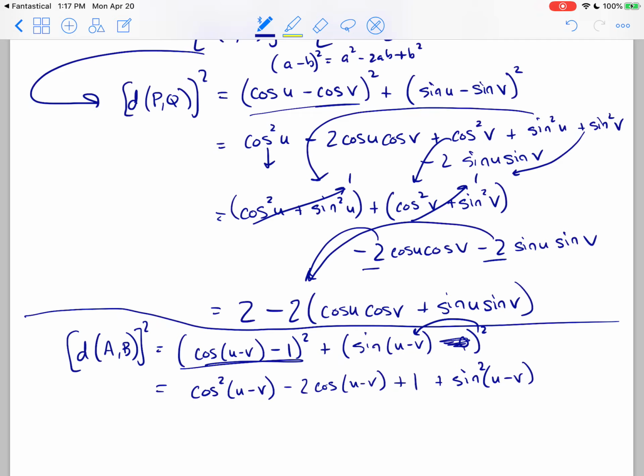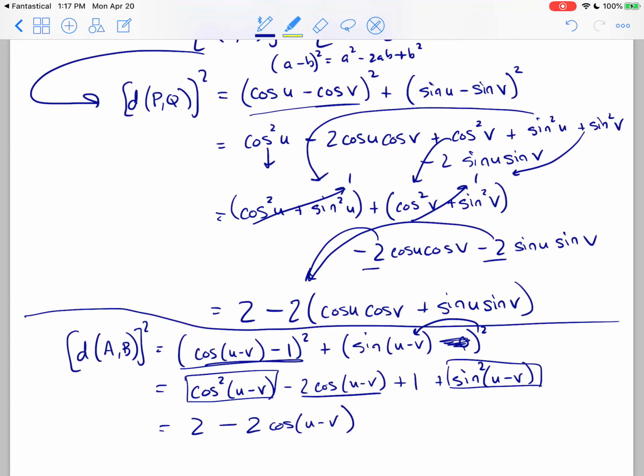And then again here we notice that we have a cosine squared of u minus v and a sine squared of u minus v, so that's just equal to 1. And so this 1 plus the 1 from these two gives me 2 minus the 2 cosine of u minus v that we have here.